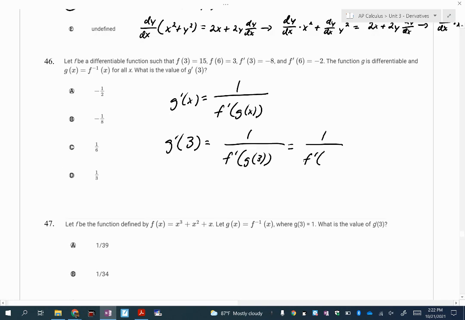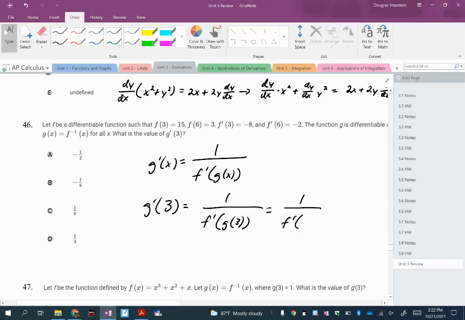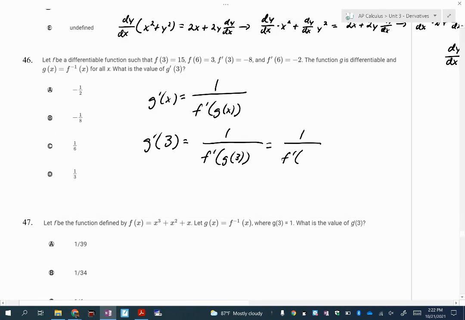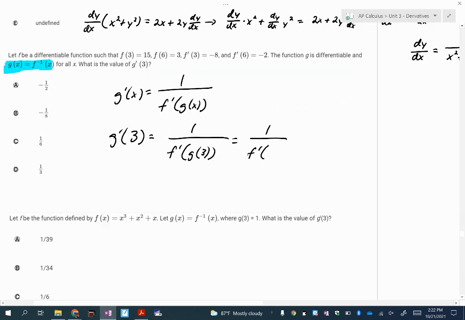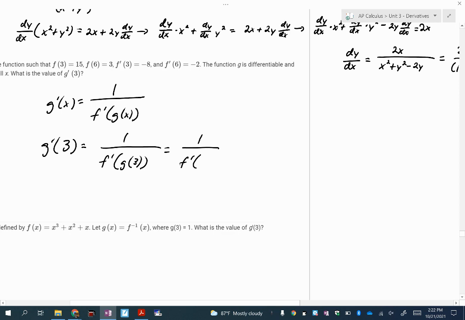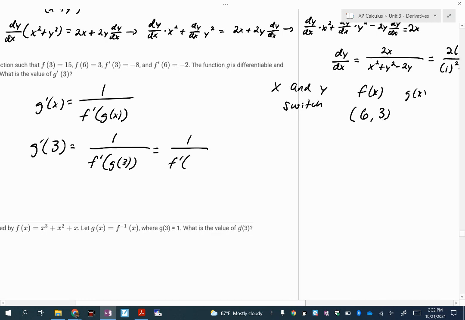So what I have to use is this understanding that the g of x function and the f of x function are inverses of each other. Go back to your first understanding of inverses, right? When you find inverses of each other, the x's and y's switch. So if in the f of x function I have the ordered pair (6, 3), then the g of x function has the ordered pair (3, 6).